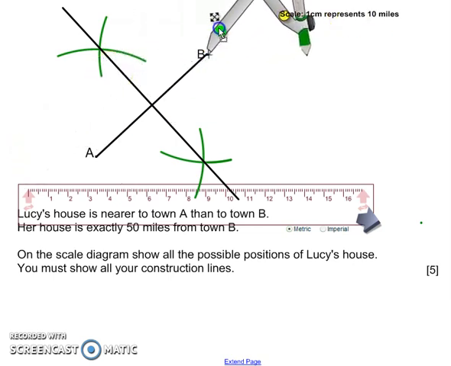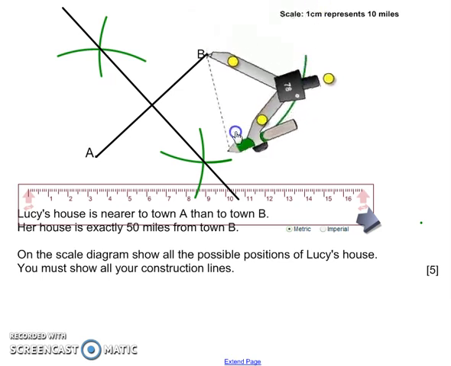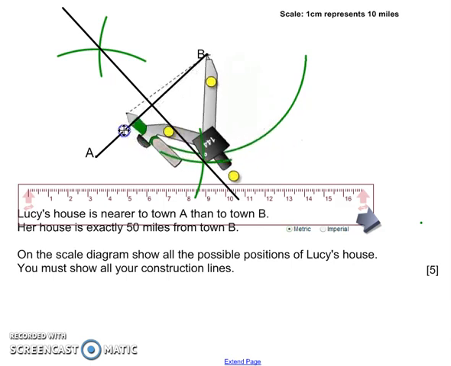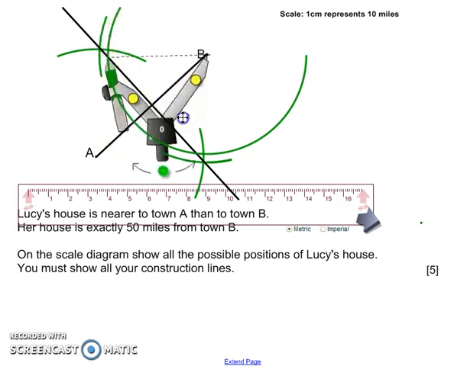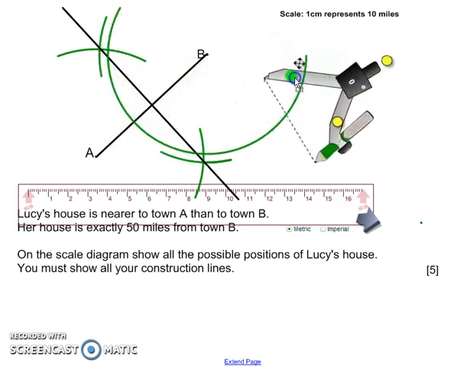We then put our compass point on point B. We're going to do a loci around a point. Now you can draw as much of the circle as you want. I'm going to draw it from here and all the way round until I've got to there. Okay, then I'm just going to move that out of the way again.